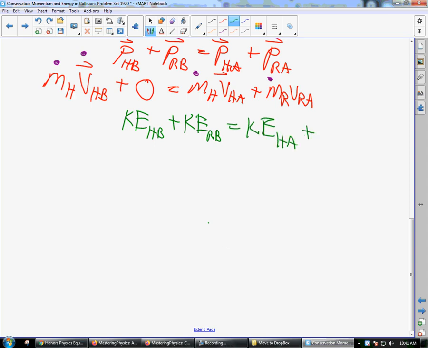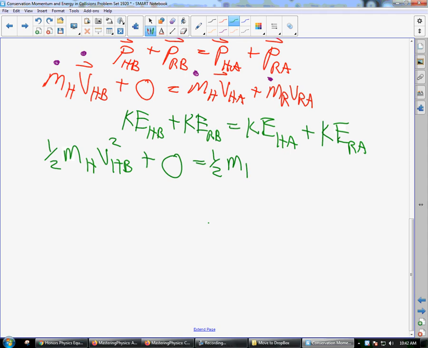One half mass of the hammer, speed of the hammer before squared, plus kinetic energy of the rock, well, it wasn't moving, so its kinetic energy is 0, equals 1/2 mass of the hammer, speed of the hammer after, plus 1/2 mass of the rock, speed of the rock after.